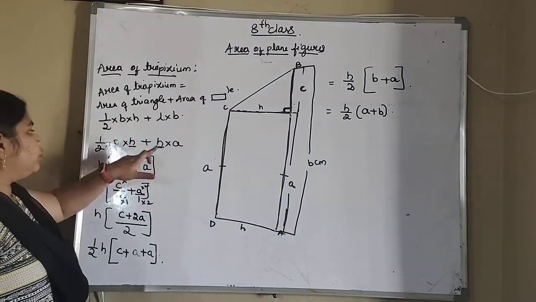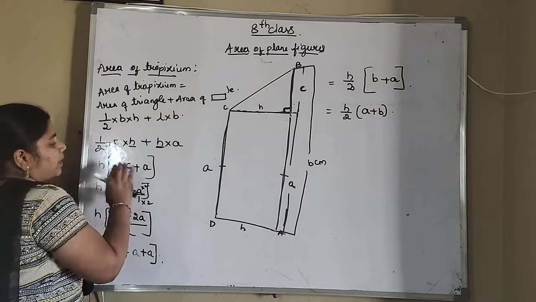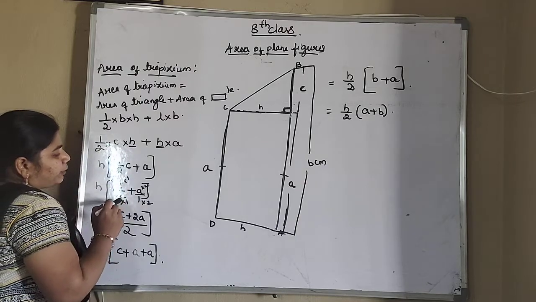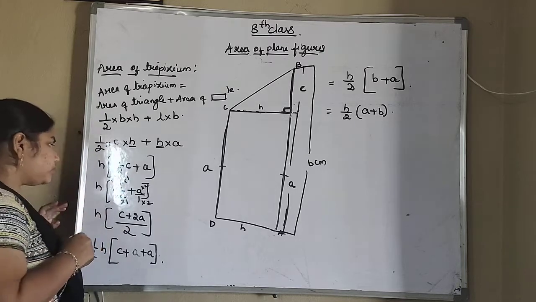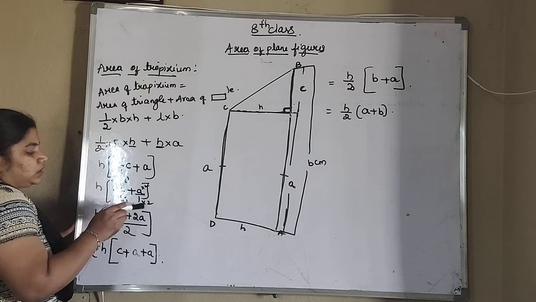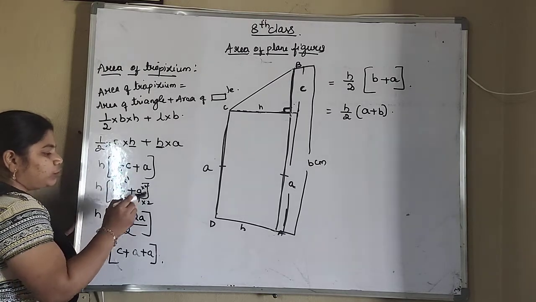Okay. Now in these two terms H is common, so I am taking it out and remaining terms I am writing inside. So that is 1 into C will be C by 2 plus A. Here I am taking LCM as 2. Already 2 is there, so 2 into 1, 2 into 1. So here into 2 into 2. So C ones will be C plus A into 2 will be 2A.